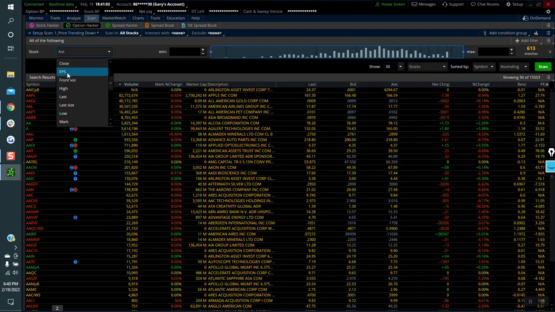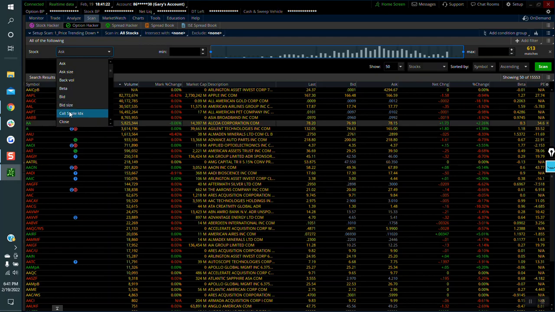So basically what you're seeing is your ask, your close, your open, your back volatility. So you're getting a little bit of option action results from this scan right here.